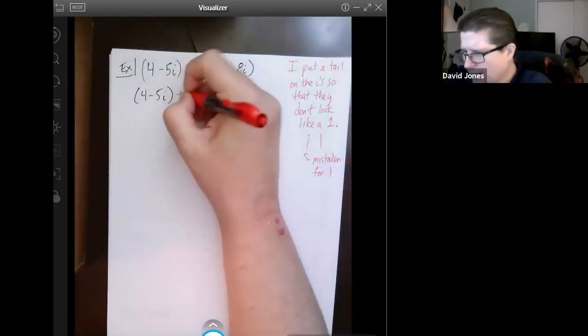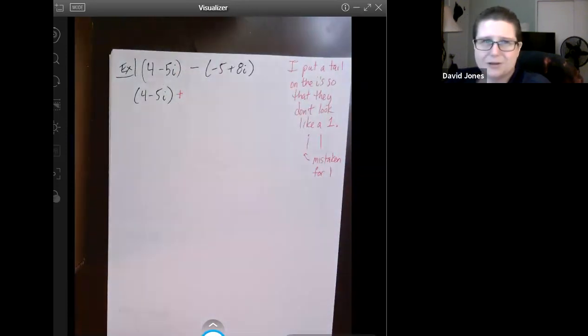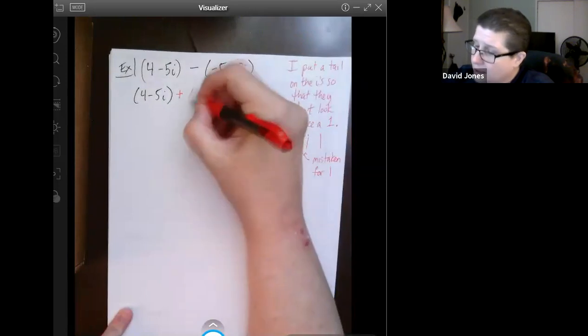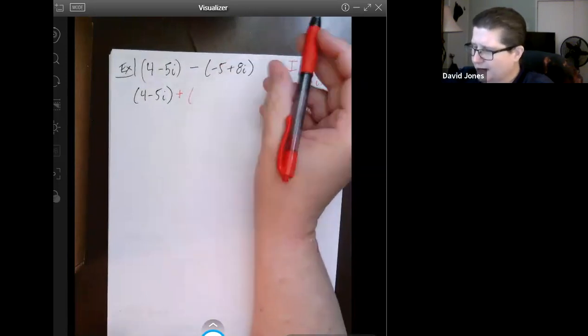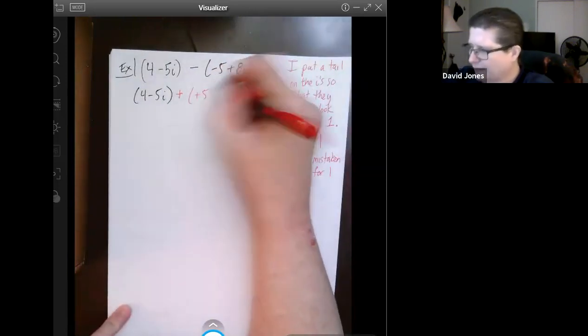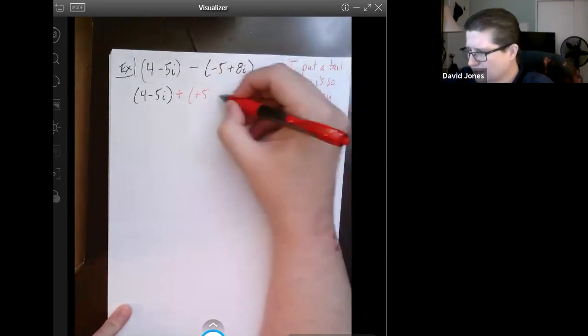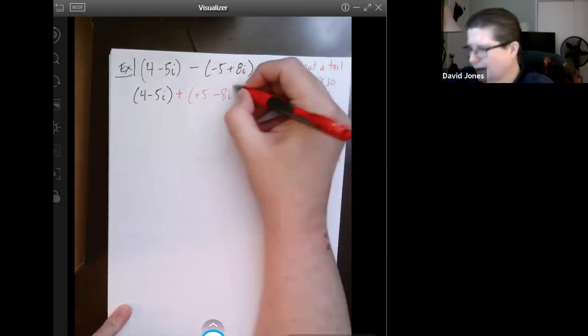If you're working with colored pens, use one color for what didn't change and a different color for what did change, like I'm doing here. My black ink is for stuff that stayed the same, and the red ink is for what switched. We distribute the negative. Negative and -5 become +5, and negative and +8i become -8i.